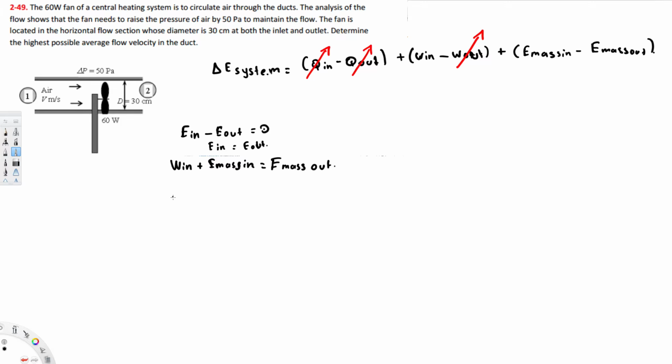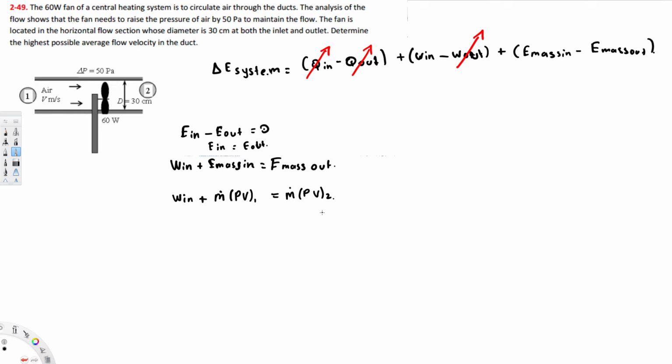E mass in can be written as m dot, so this is per unit time, or per second, times P times v1, equals m dot times P times v2. So here v is volume, P is pressure, per unit mass, right?